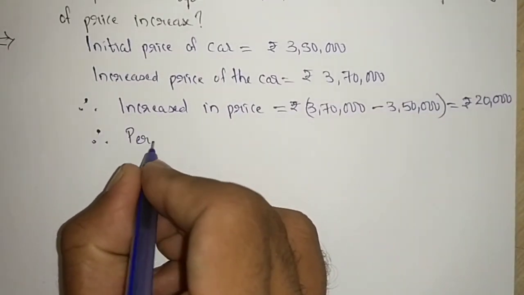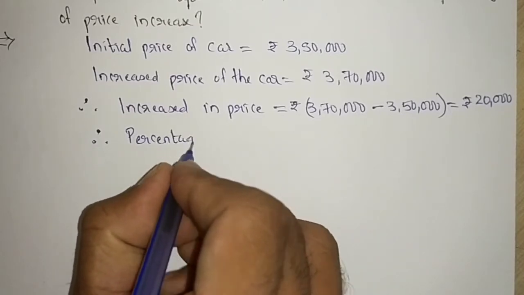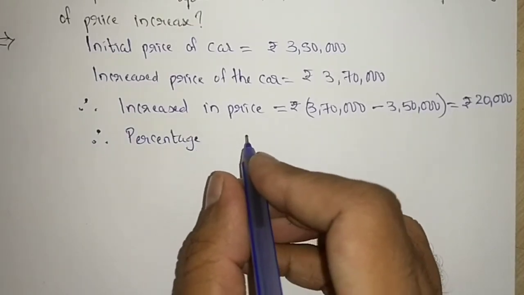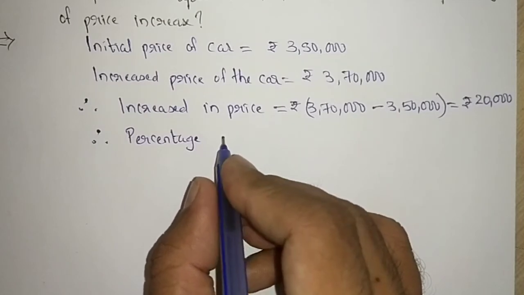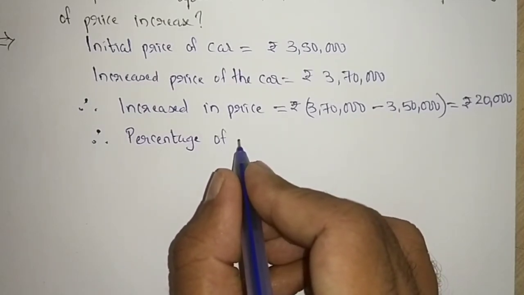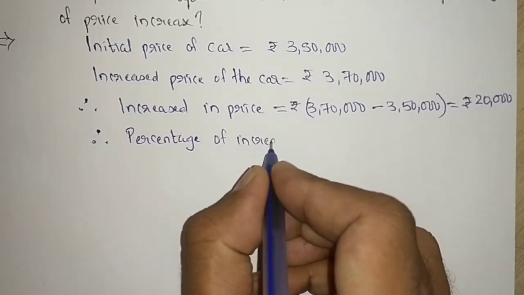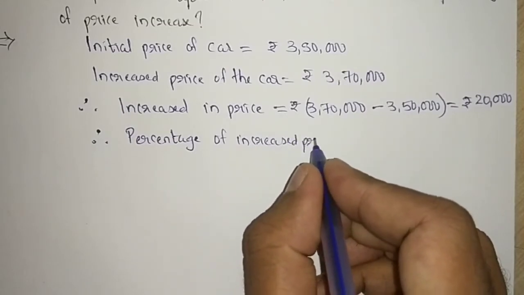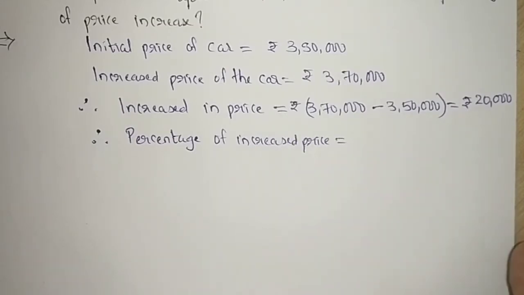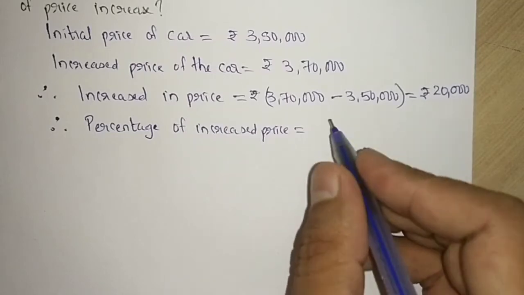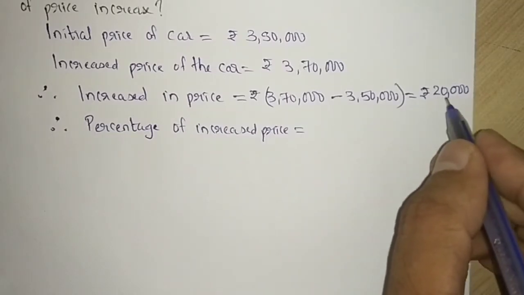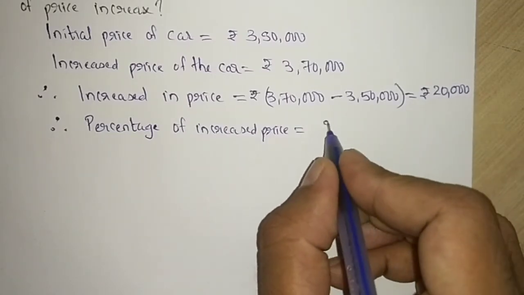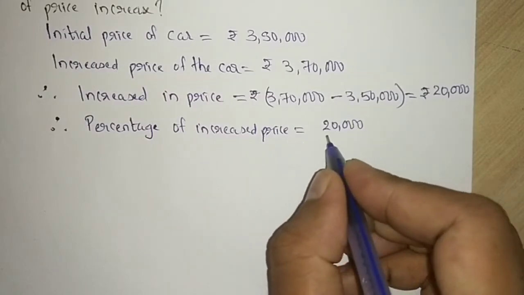So I will write, therefore, the percentage of increased price is equal to, same formula. Before it was the decrease amount, so here it is the increase amount. We will write the increase amount above.